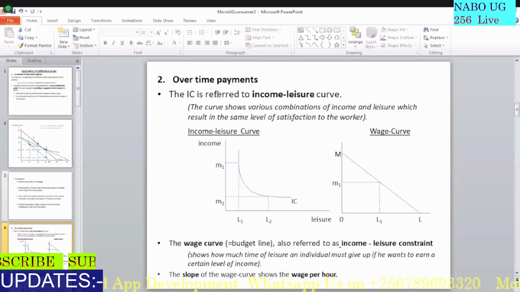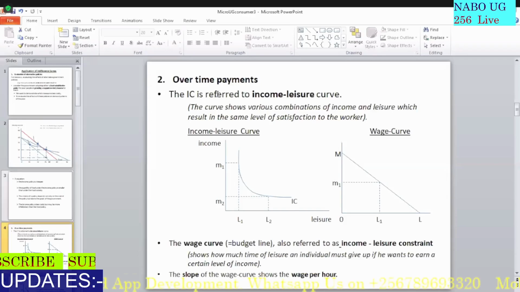So what we do, we draw another wage curve, which is steeper, of course, to the left of E, because otherwise, to the right, it would lose meaning. To the left of E, because you want to show that he's reducing the leisure time.